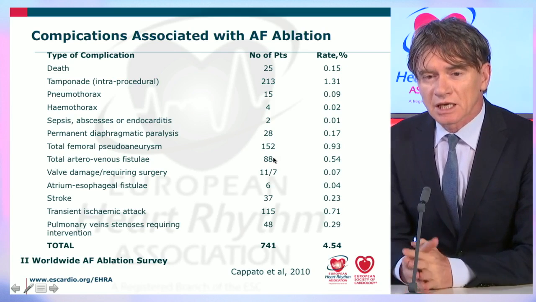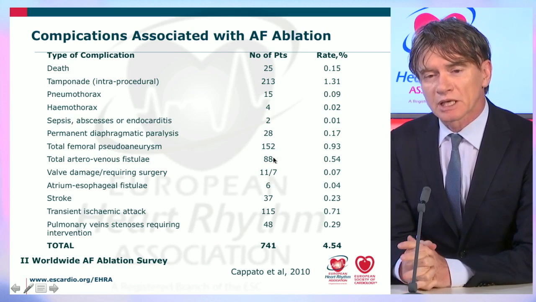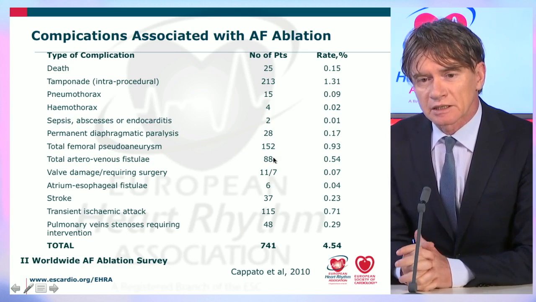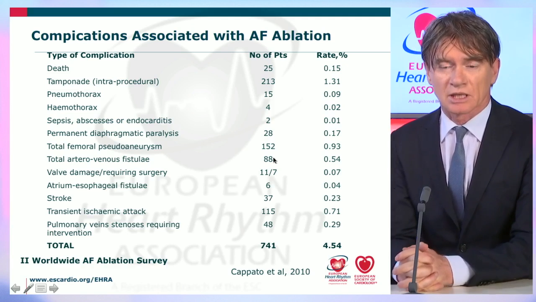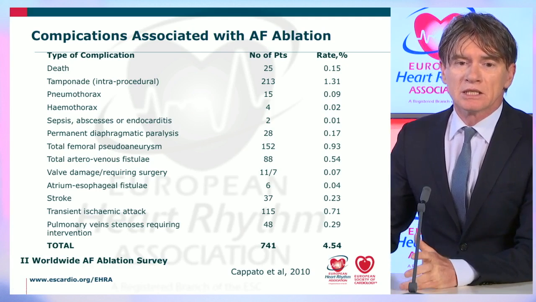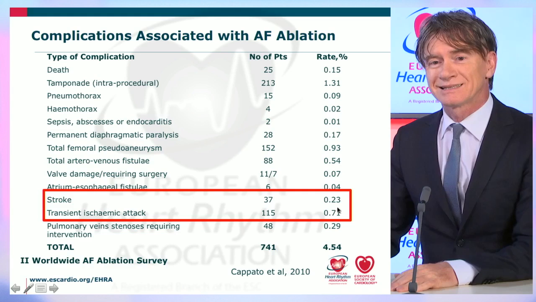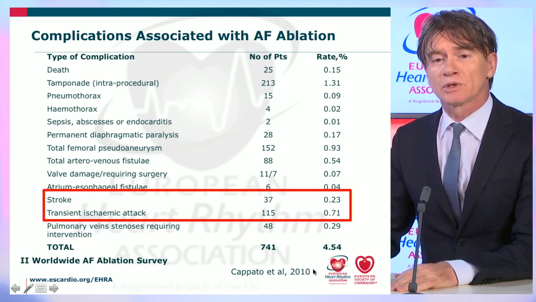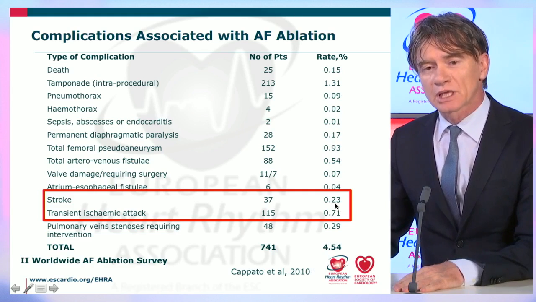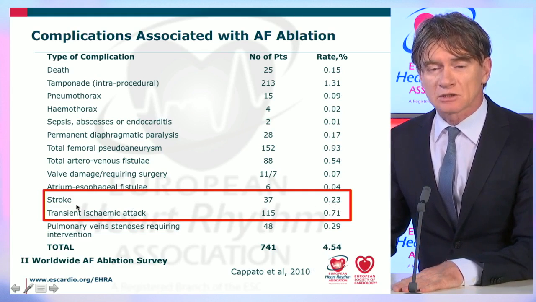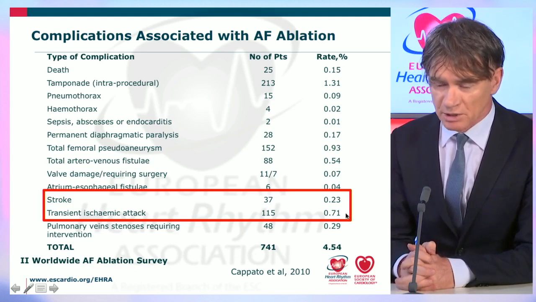In this study that I had the privilege to chair, and that was summarizing the complication rates and the description in about 16,000 patients undergoing catheter ablation worldwide, stroke and transient ischemic attack accounted for about a 1% rate in the entire population, not a trivial one. Fortunately enough, 1/3 of this complication was due to a permanent stroke, whereas 2/3 of these complications were due to transient ischemic attack.